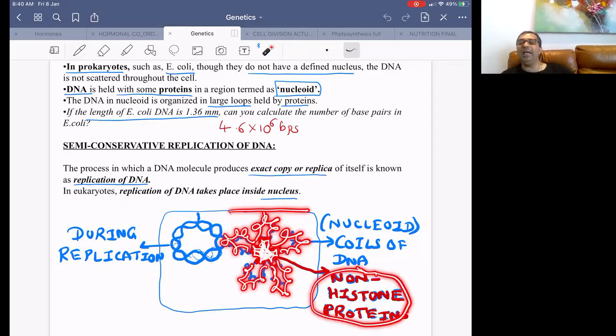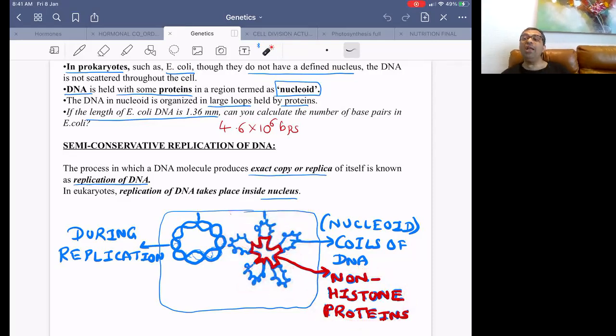So, bacterial DNA has DNA with proteins, but our DNA is DNA wrapped around histone proteins. Bacteria has coils of DNA held together by non-histone proteins.